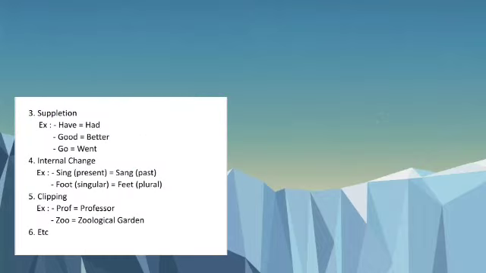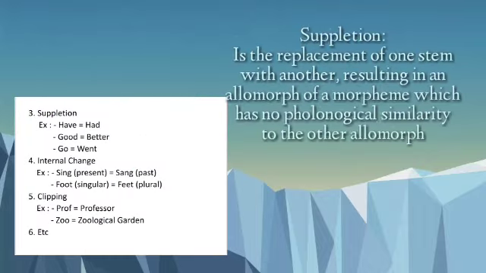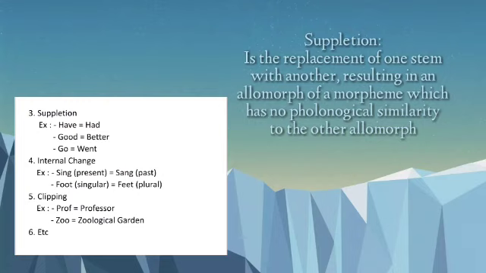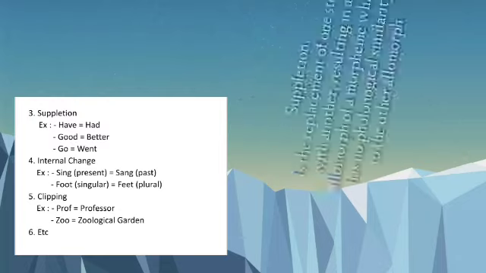Next, suppletion. Suppletion is the replacement of one stem with another, resulting in an allomorph of a morpheme which has no phonological similarity to the other allomorph. Examples: have to had, good to better, go to went.